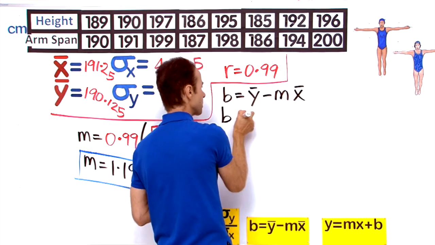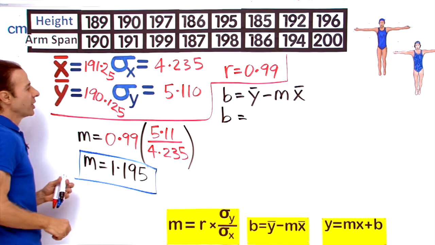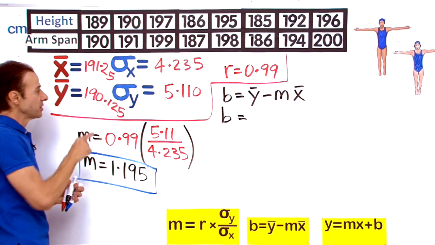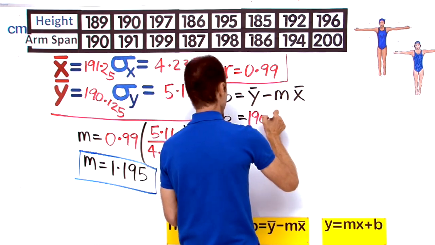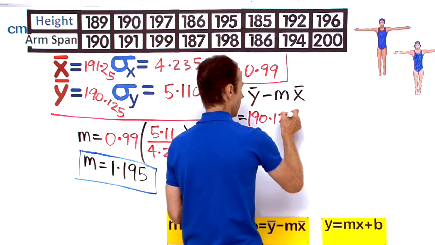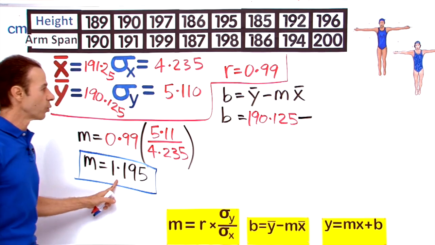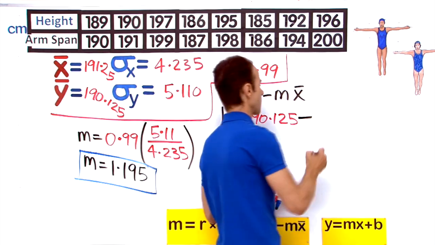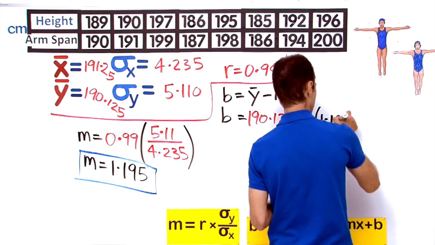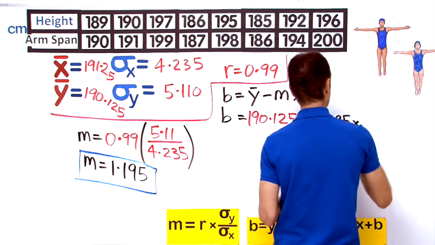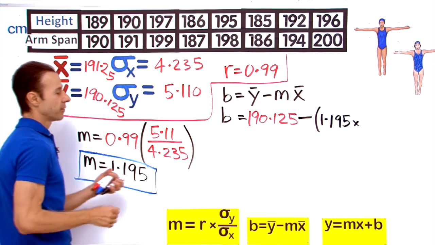So b equals, the mean for the y is 190.125, to 3 decimal places, take away the gradient, which is 1.195, I'll put that in brackets, times the mean for the x-scores, which is 191.25.